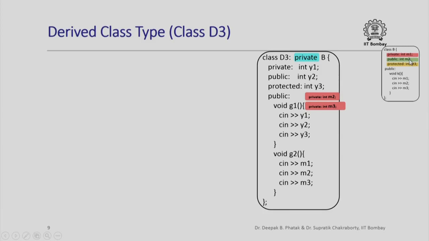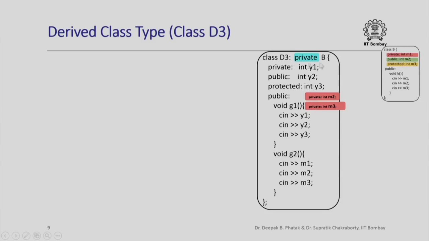M2 is public in the base class, so it should be accessible in the derived class D3, but since the mode of derivation is private, I have to take the least accessible of these 2 specifications, and the least accessible of these 2 specifications is private, so M2 will be accessible within the derived class D3 as a private data member, and similarly M3 will be accessible within the derived class D3 as a private data member.